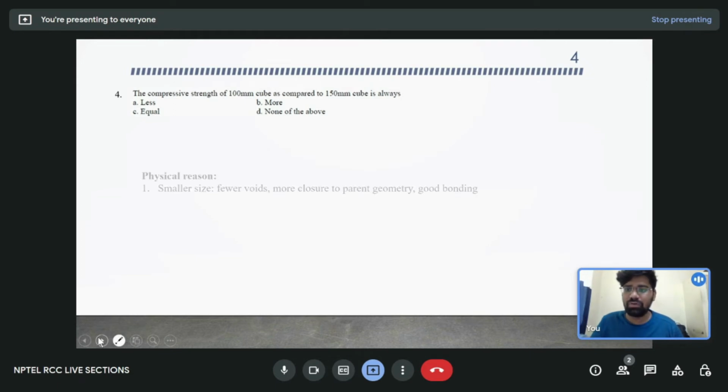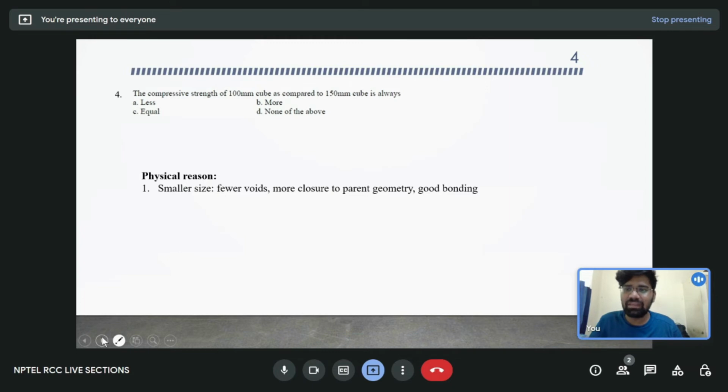The first reason is in a physical manner. A smaller size cube will have fewer voids, and at the same time it will have the parent geometry more closer to it, and it will have good bonding. So physically, we can say that the compressive strength of 100 cube will be more as compared to 150 cube.